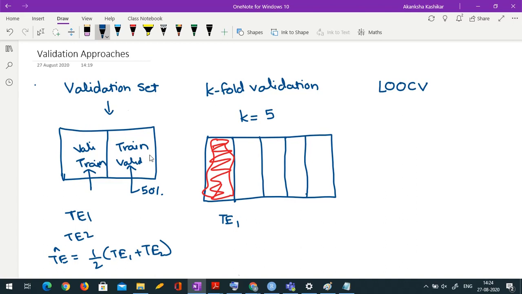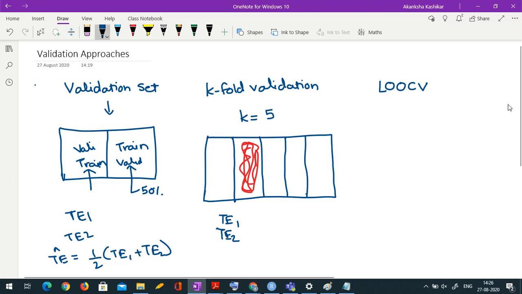Then in the next iteration, I will keep the second part as my test data. I will fit the model on the other 4 parts of the data, and I'll get the second estimate of the test error, which let me denote by T2. So I repeat this procedure 5 times.